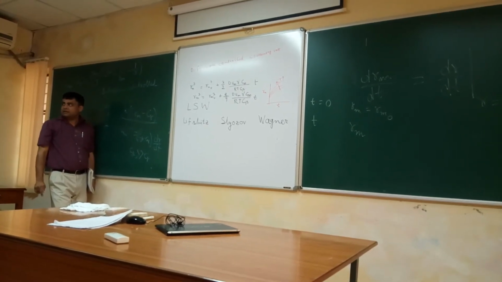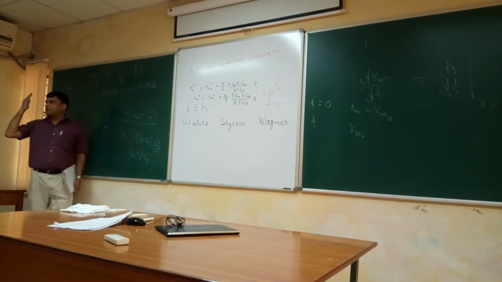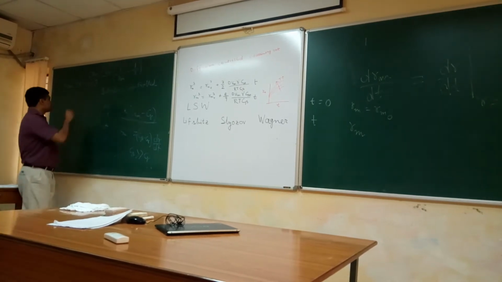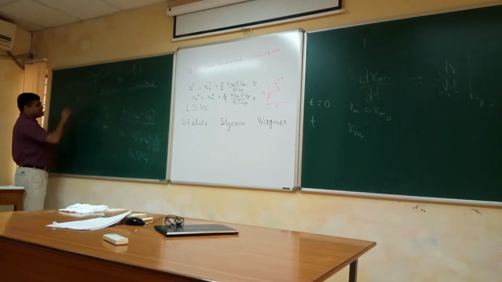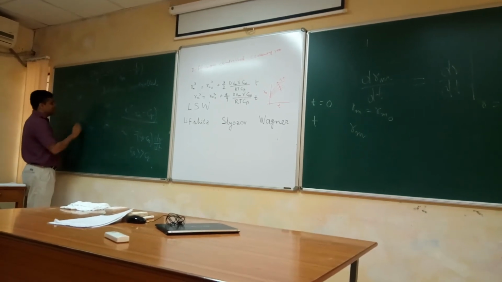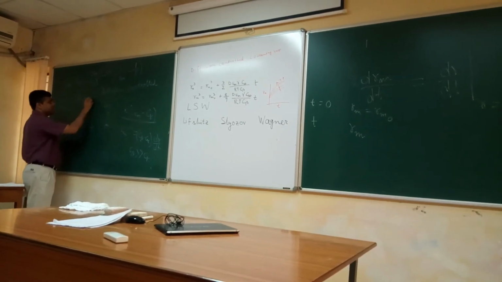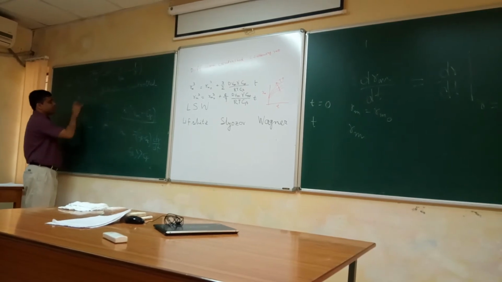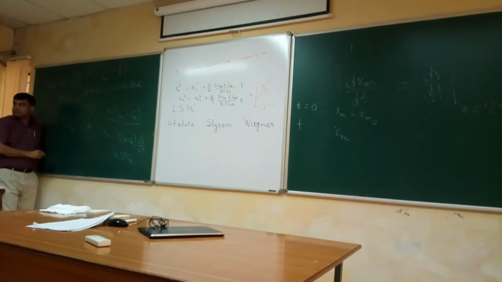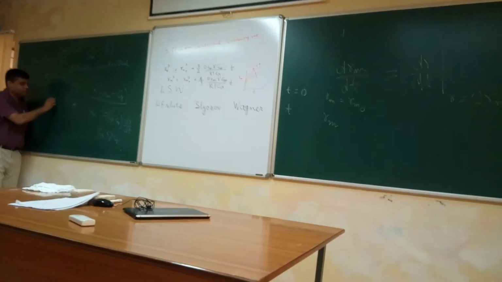Does anyone have a doubt here? Always at an interface, if it moves at a particular velocity v, and there is a concentration difference, this side C beta, this side CR, then C beta minus CR multiplied by the velocity is the flux of atoms going in, making the interface move this side.